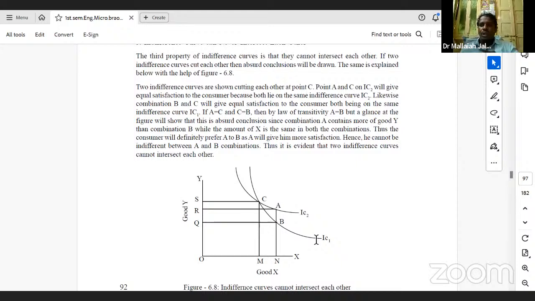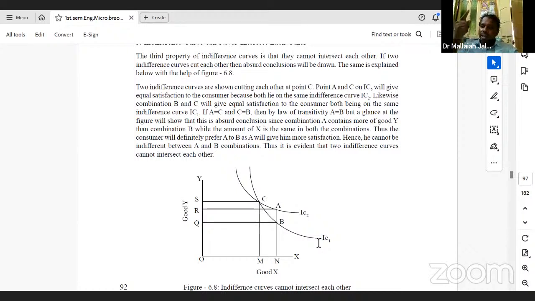But you have to remember, any point of any IC curve gives the same level of satisfaction, as I said. But here, when these two intersect, they give different satisfactions. IC1 earlier gives more satisfaction, but compared to this, after intersecting, it is giving less satisfaction. Because, as I said, the upper indifference curve gives a higher level of satisfaction and the lower indifference curve gives a lower level of satisfaction.